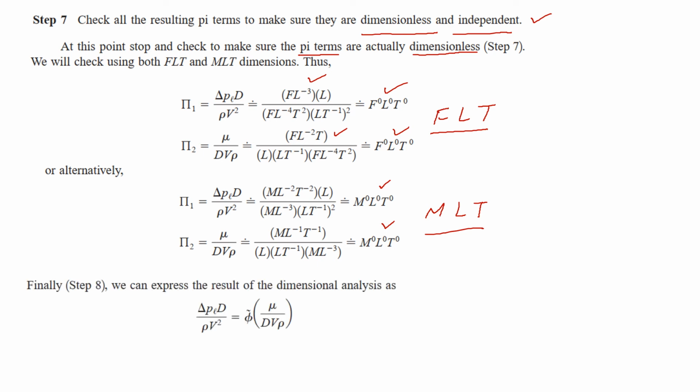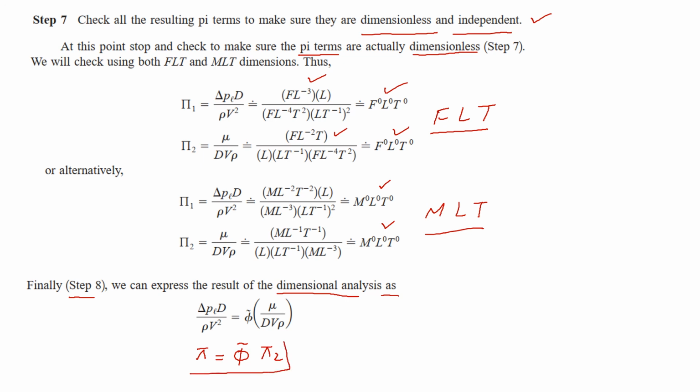And in the last step, finally in step 8, we can express the result of the dimensional analysis as such. This is pi 1 is equal to pi 2.